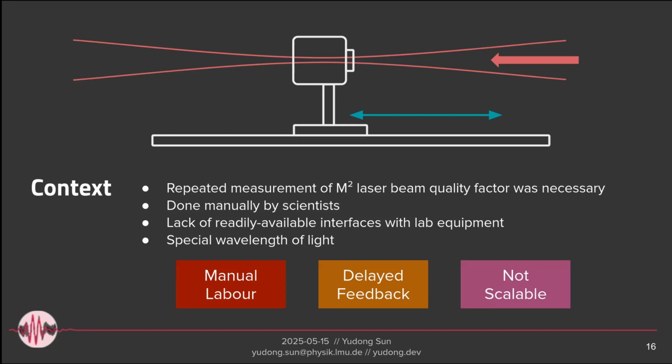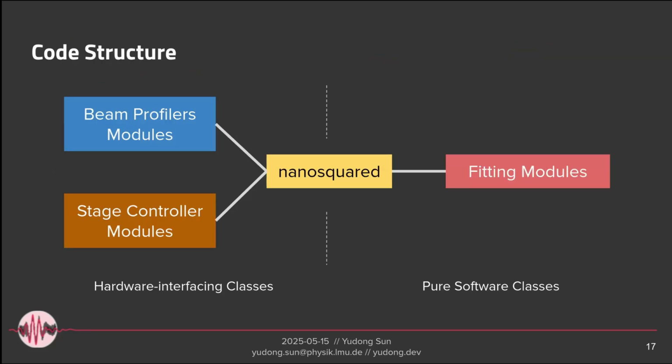In fact, there was also a lot of delayed feedback, because every time we take a measurement and do the analysis, that takes time, right? That takes time to get analyzed before the result comes out and we can do any adjustment to our setup. And that makes it not scalable, especially given the context where we were trying to ramp up production for use in new experiments. So how did I structure my code?